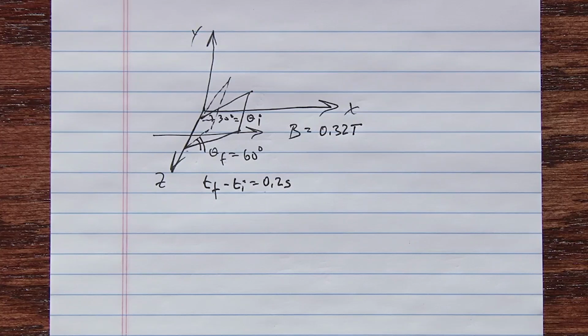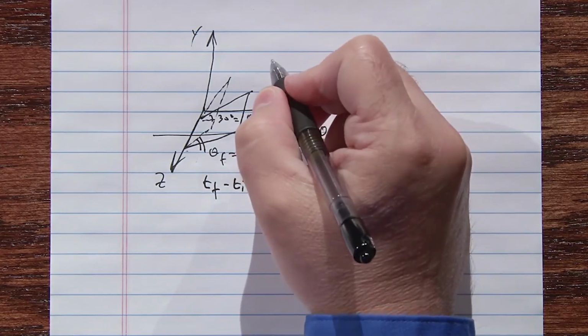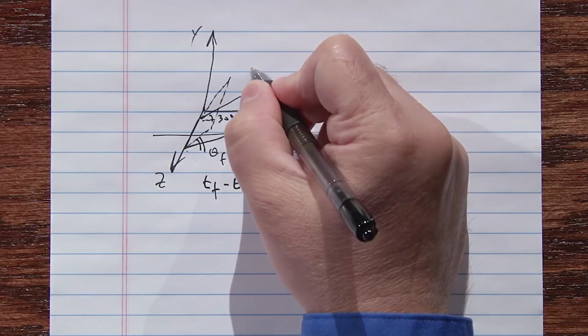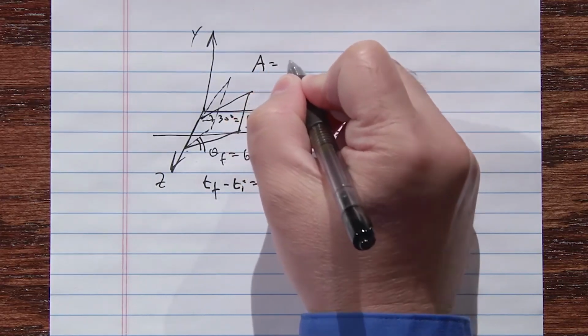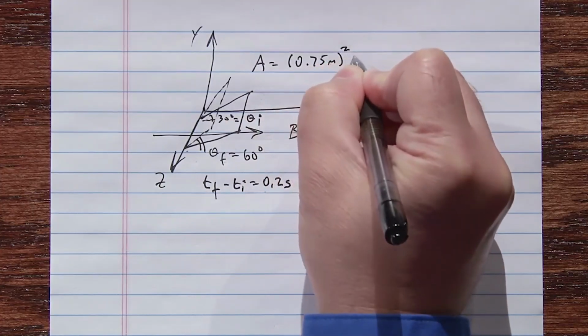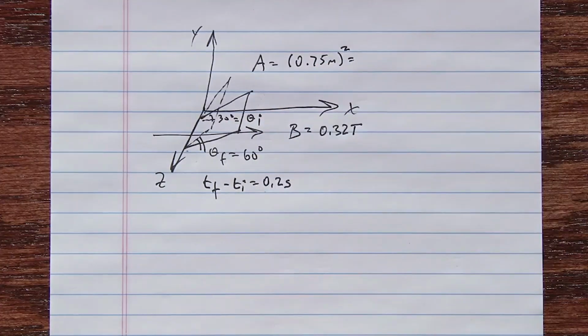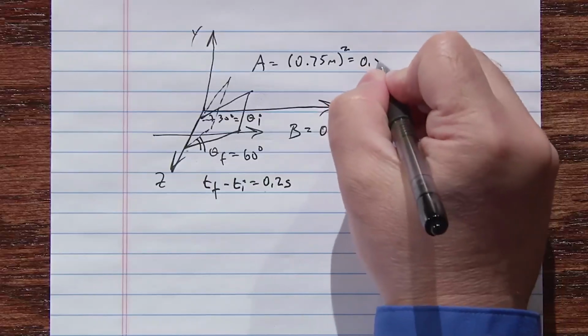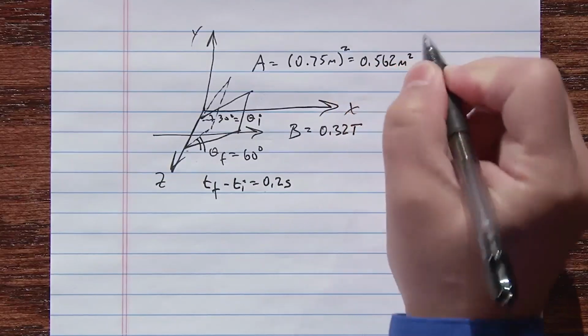And the height and the width of the wire is 0.75 meters, or in other words, the area of the wire is equal to 0.75 meters squared, which is 0.562 square meters.